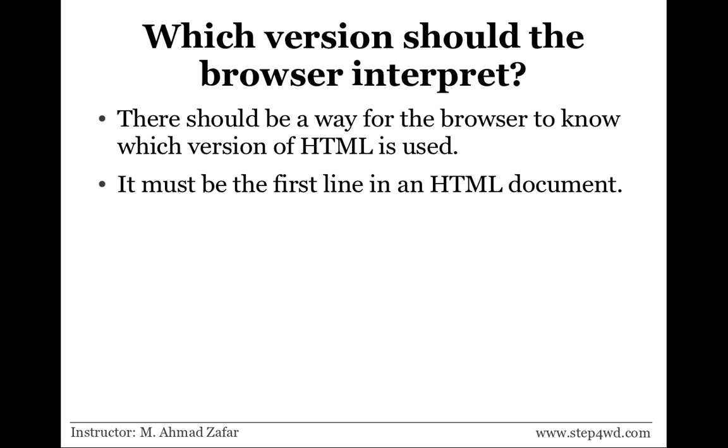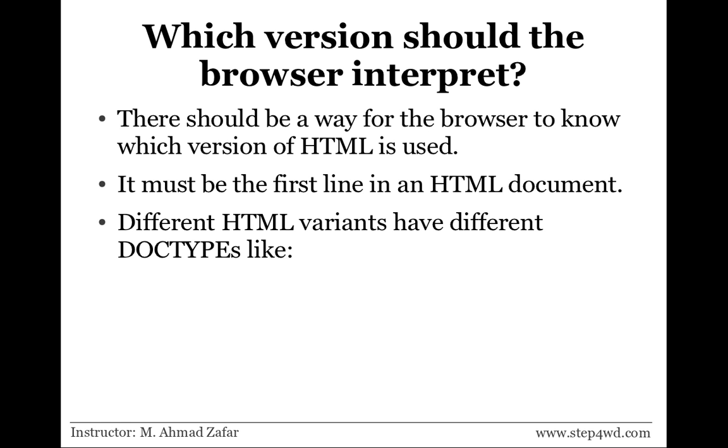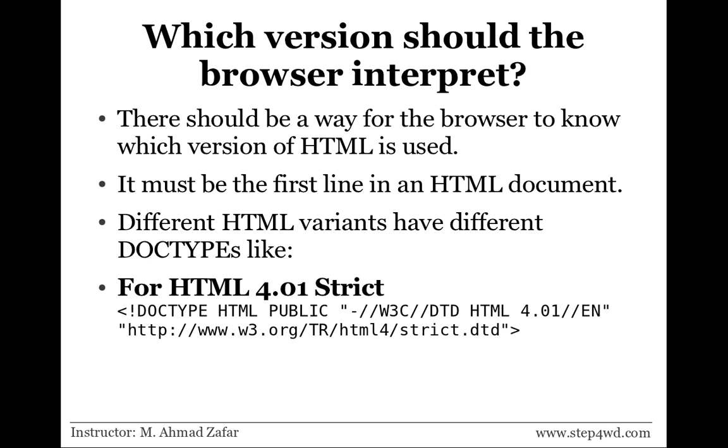It is done through the use of the doctype tag, and the doctype tag is basically the first line in any HTML document. Different HTML variants have different doctypes. For instance, for HTML 4.01 in strict mode, this long text has to be the first line of the HTML document.